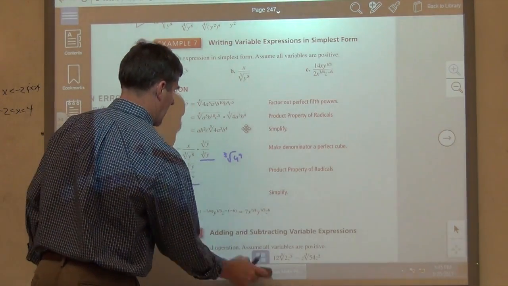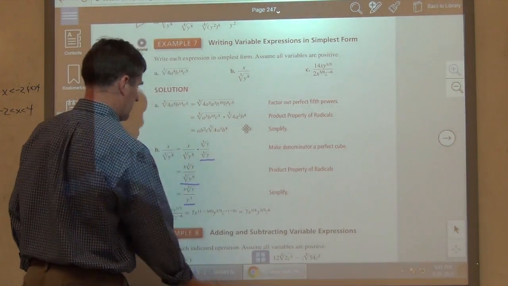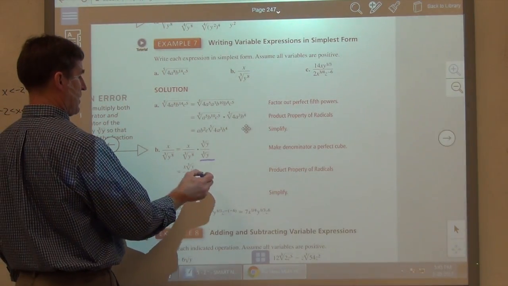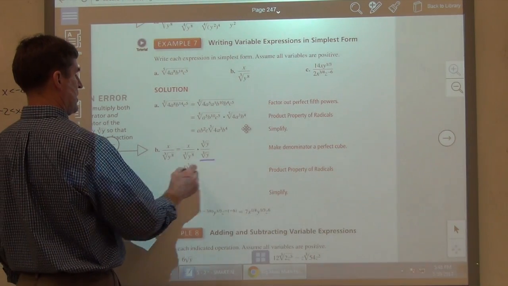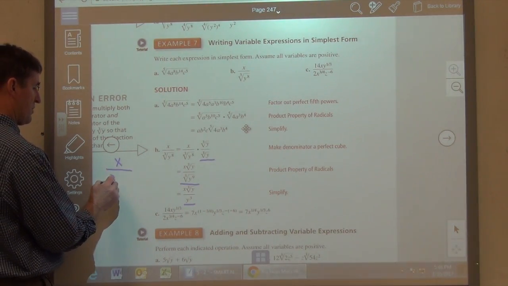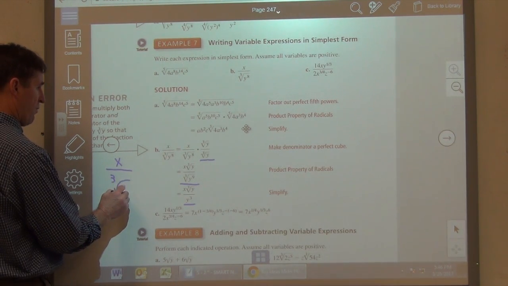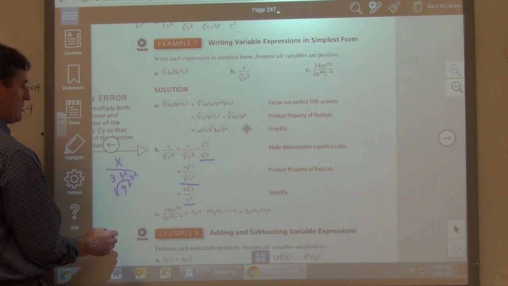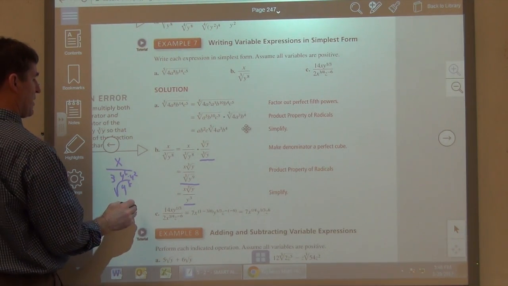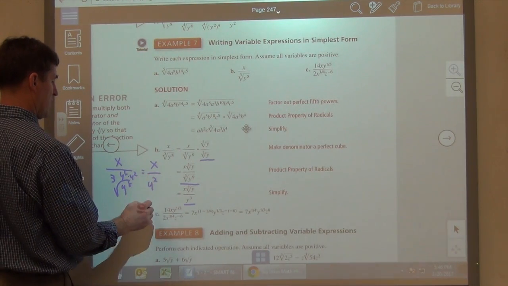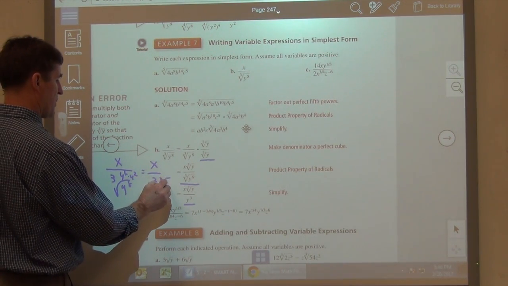Another way you could do that, this is pretty easy this way, but you could reduce that to start with. You can break that into x, and I'm going to break that into the cube root of y to the 8th. I'm going to break that into y to the 6th times y squared. So 6 divided by 3 is 2. And then the cube root of y squared.